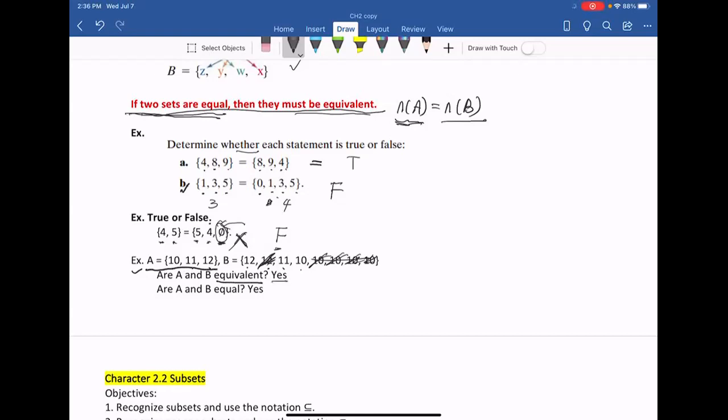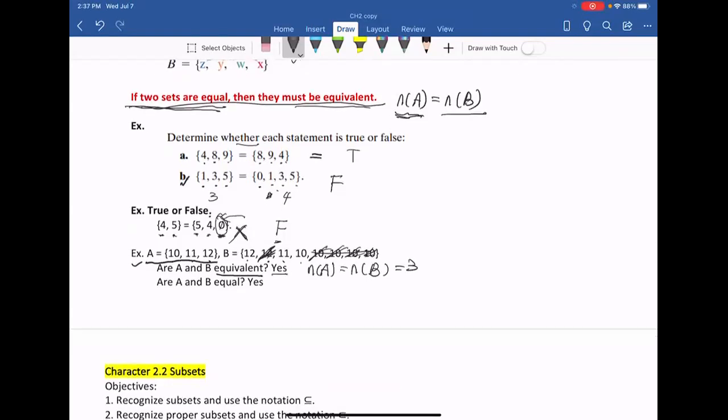Yes, they are equivalent because n(A) equals n(B) equals 3. Are A and B equal? Yes, because even though they have repeated elements, they have the same elements, which are 10, 11, 12. They match. So yes.